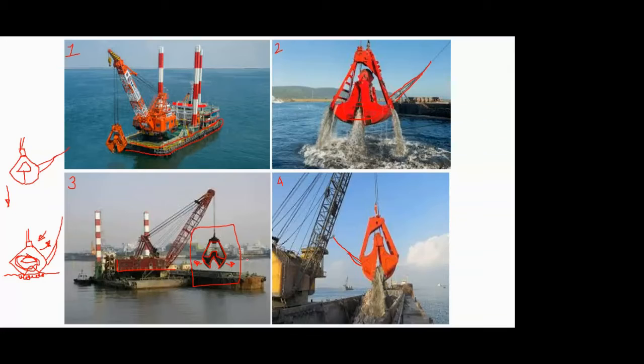You lower this bucket down into the sea or water body. Okay? You close it. While closing, it collects all the soil or whatever material it has to excavate, and once it is closed, you lift it. While lifting, it disperses all the water, and then you dump it at the desired location. So this is the process.